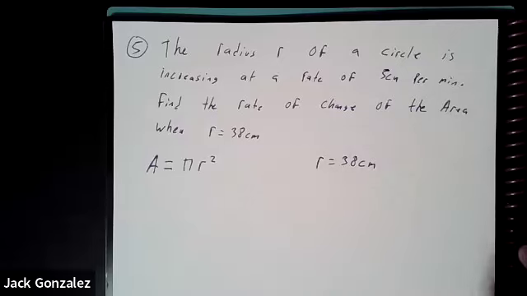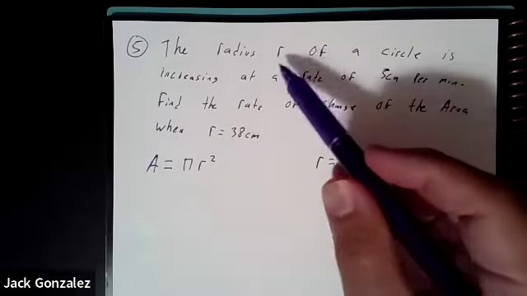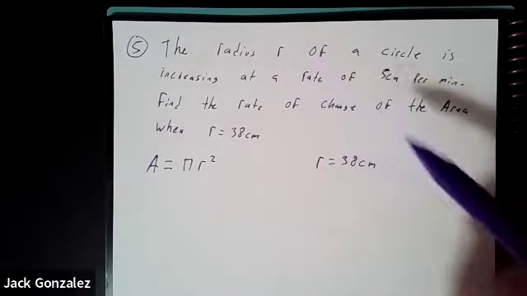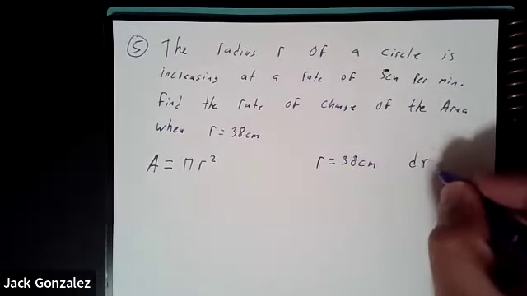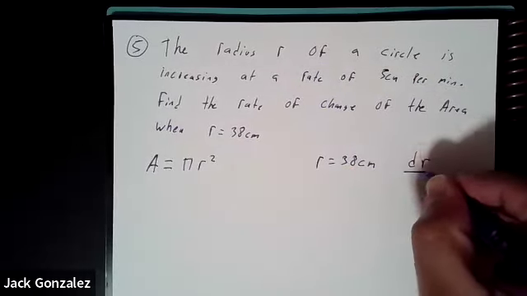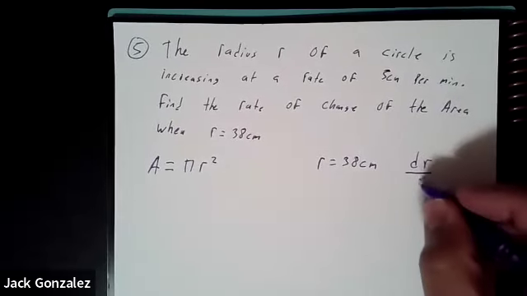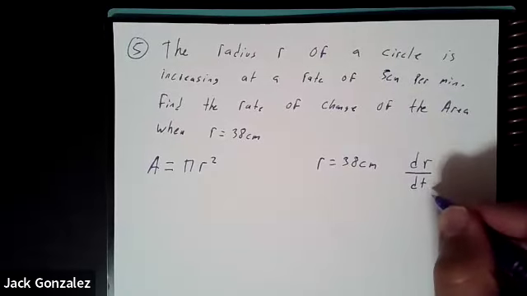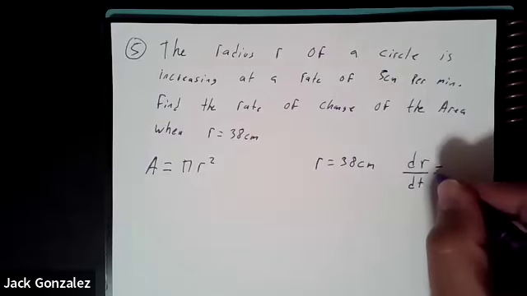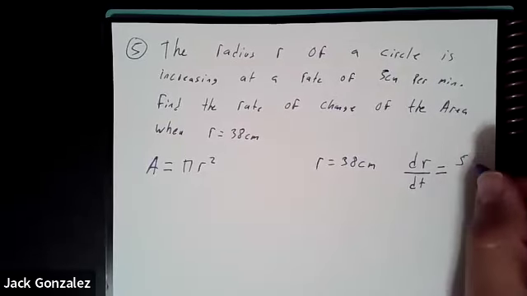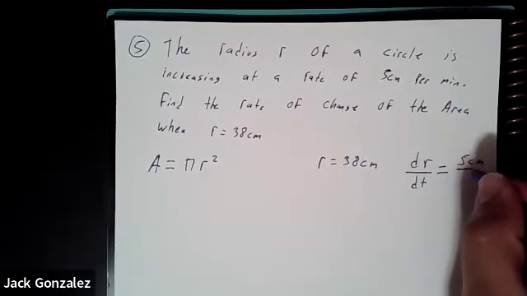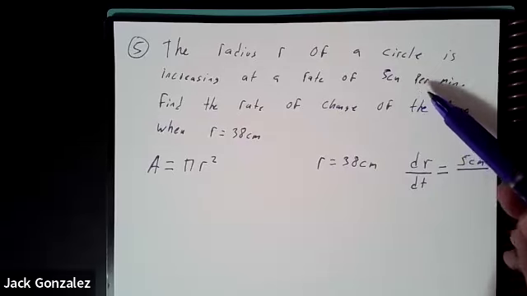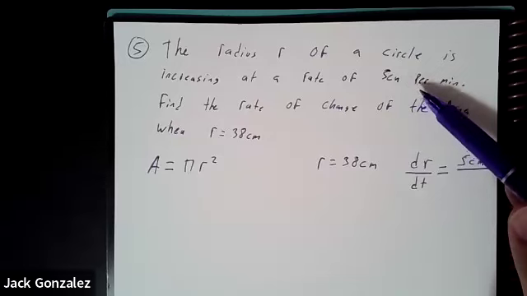Okay. It says the radius of the circle is increasing, right? So remember that all derivatives, derivative r, it says per minute. So that means it's the change in r, dr, over the change in time, dt, is equal to 5 centimeters. Do you guys remember what the per means? When they say 5 miles per hour or centimeters per minute, what does that mean?